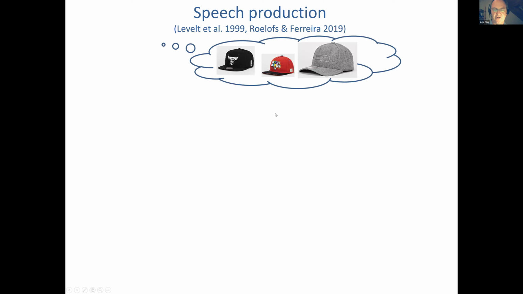So how does speech production work in this psycholinguistic model? We start speaking by having an idea, a concept, and then things move on down to pronunciation. And here, this is the level of concept, and you can see this is the concept: I want to talk about caps.